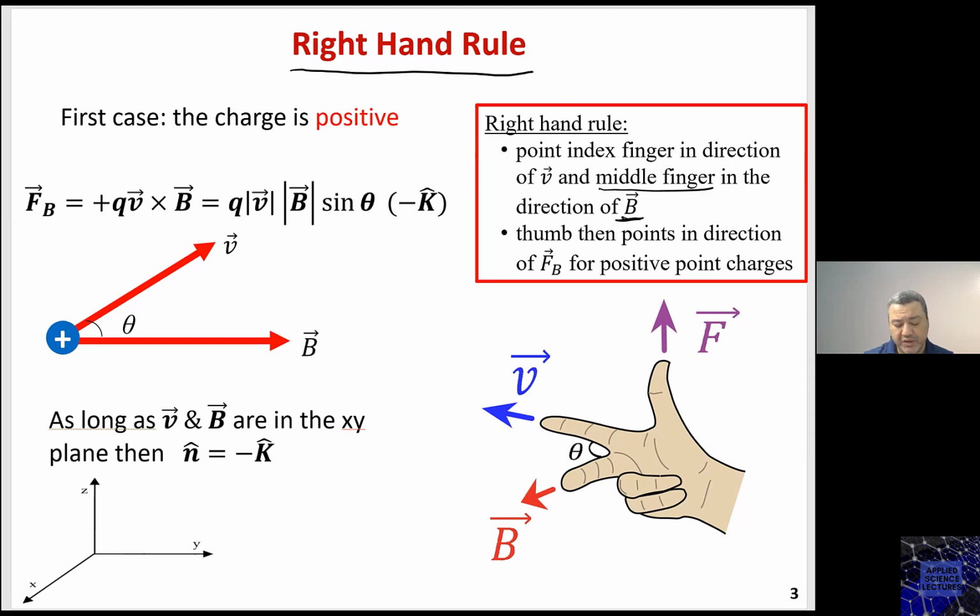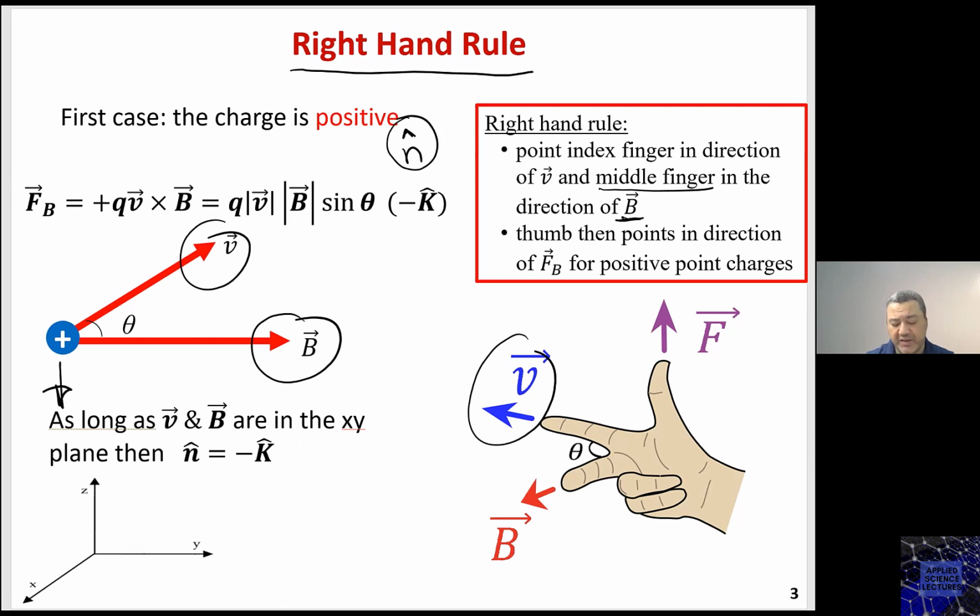and then the thumb will give me the direction of this force. So in this case, if I have my velocity as the index finger here, this is the index, this is the middle finger, then you will see that the thumb will be pointing downward. That's why my n hat that I introduced in the previous slide, in this case, would be minus k hat, because the force would be pointing downward in the negative z direction.